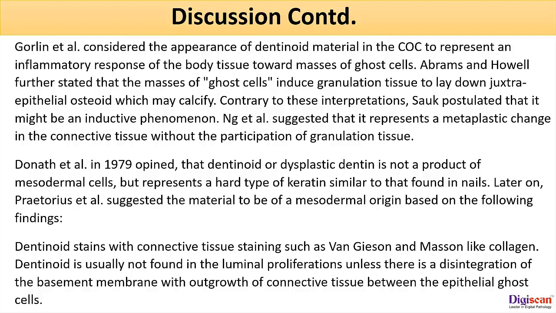Dentinoid stains with connective tissue stains such as van Gieson and Masson's trichrome, like collagen. Dentinoid is usually not found in the luminal proliferations unless there is a disintegration of the basement membrane with outgrowth of connective tissue between the epithelial ghost cells.